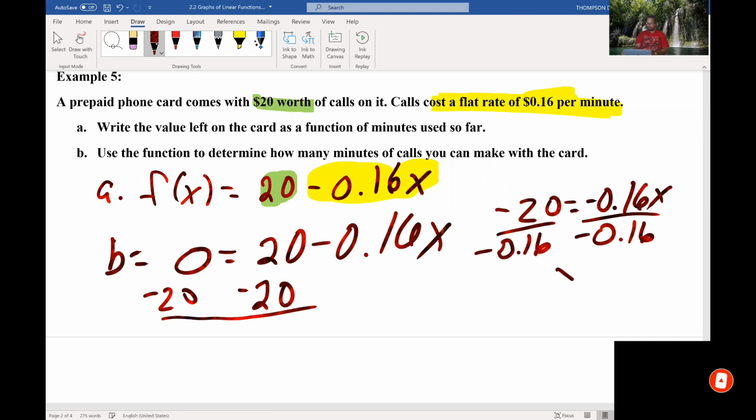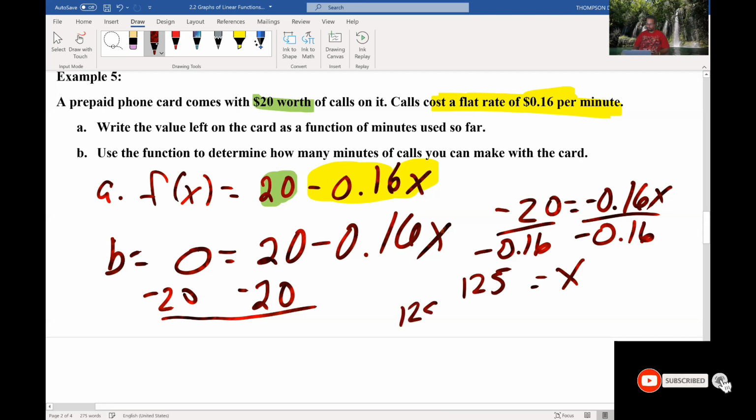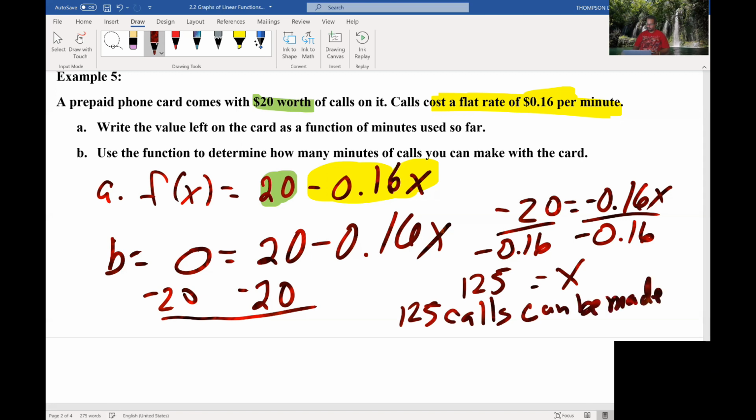And then we can figure out how many minutes we can make. All we have left to do is divide 20 by 0.16. And 20 divided by 0.16 is 125. So 125 minutes of calls can be made. And we're done.